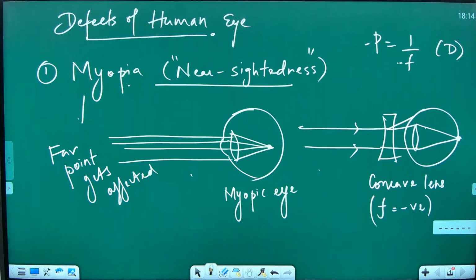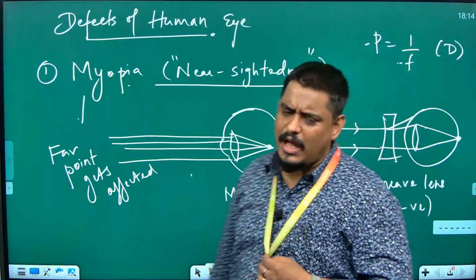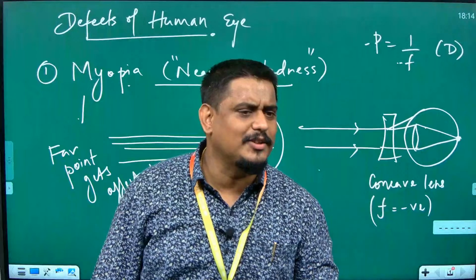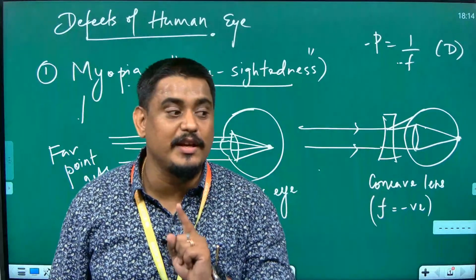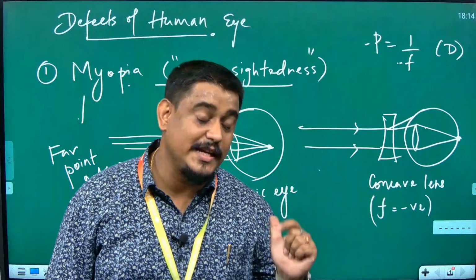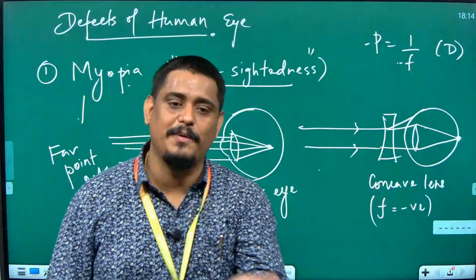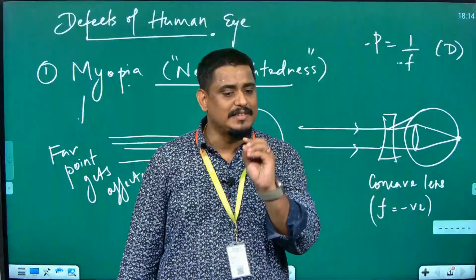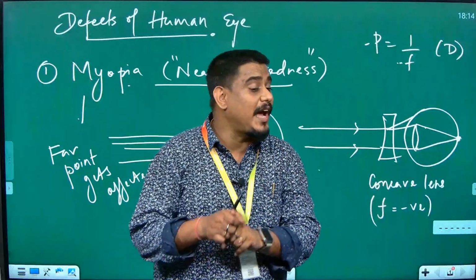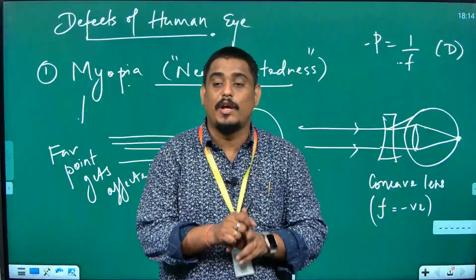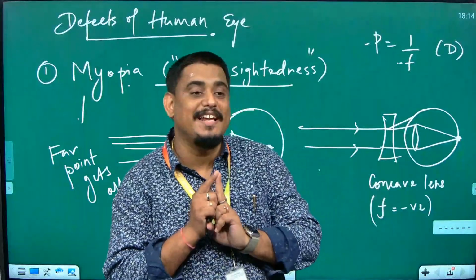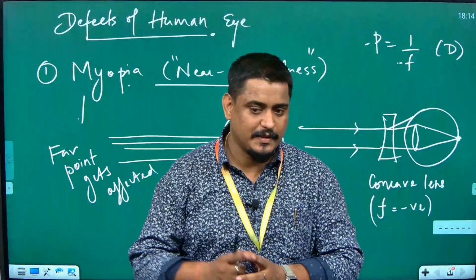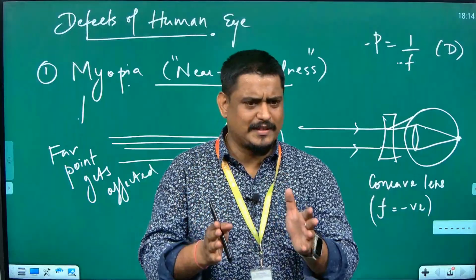So, if somebody says I am wearing a glass of power minus 2D, it means what? They are wearing a concave lens. It means what disease they have? Myopia they have. Just by knowing what power of lens they are wearing, you can not only identify the type of lens, you can also identify the nature of defect in the eye. Is it clear to you? I hope it is clear to you.